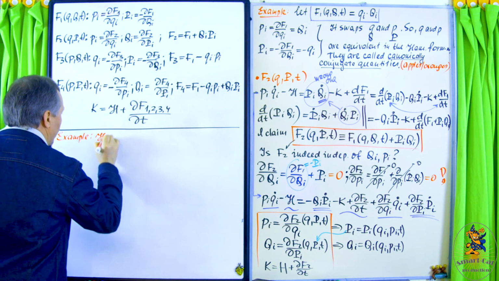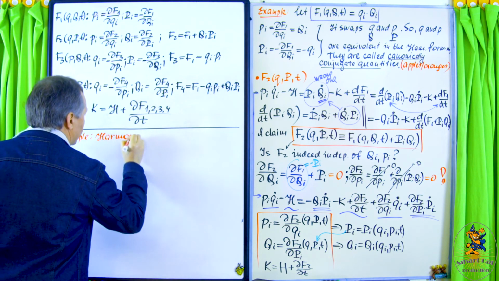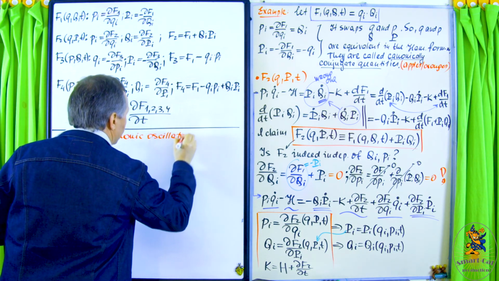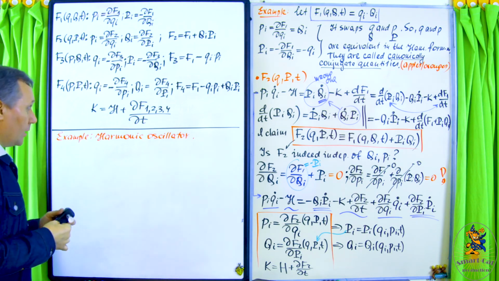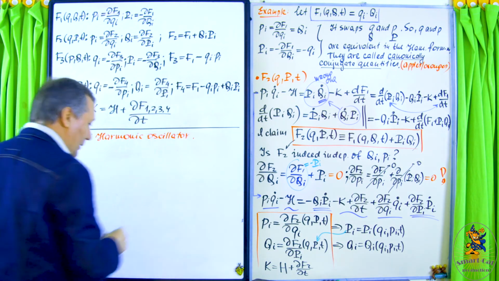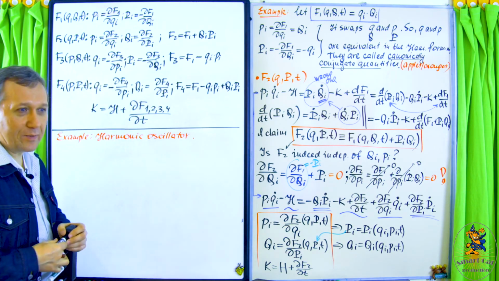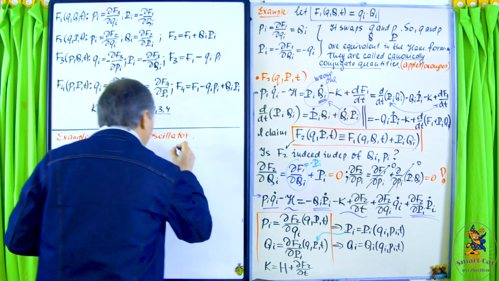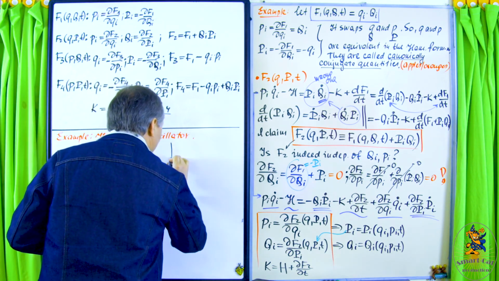Of course, the simplest possible, some kind of one-dimensional system. It can be simpler than just a mass-spring system, but why not? I can draw just the simplest.